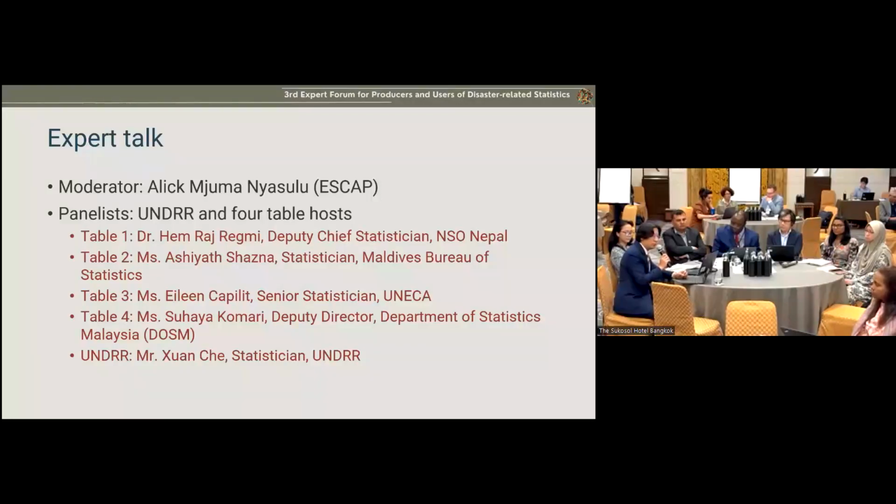The good news in recent years is direct economic loss is on a decreasing trend. The bad news is it still remains very, very high, and it is unacceptable that we keep this trend.